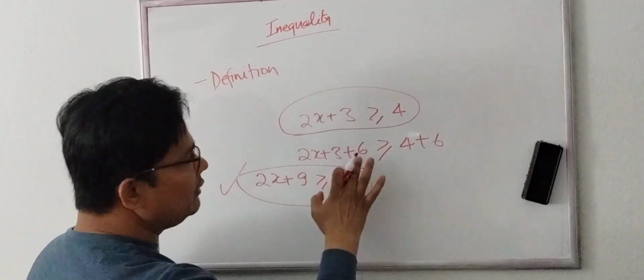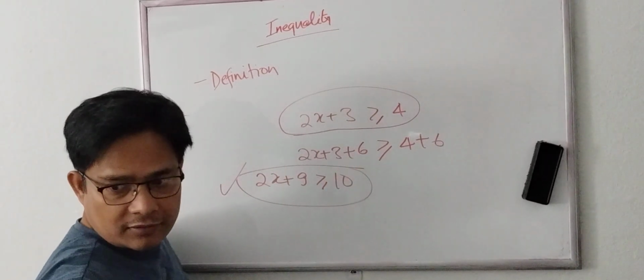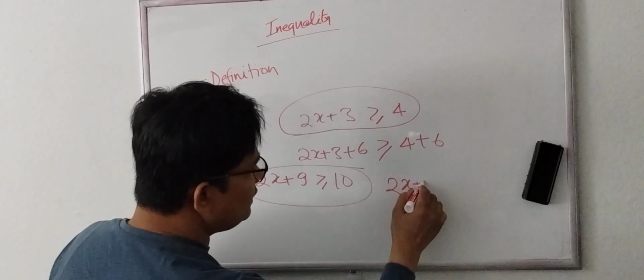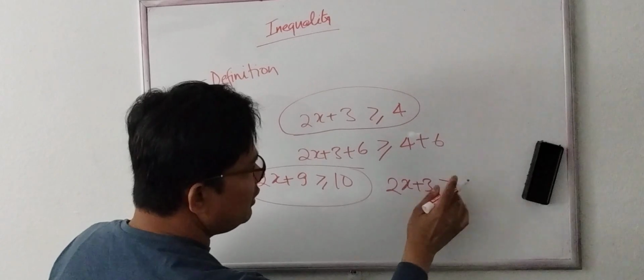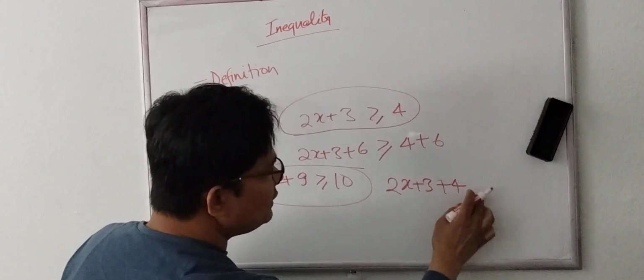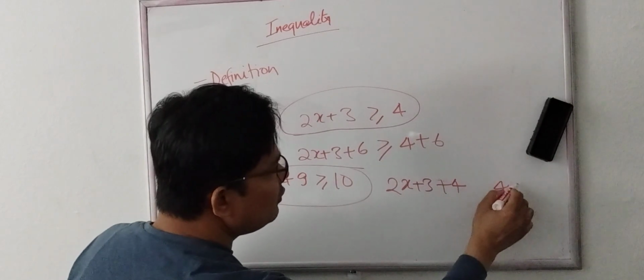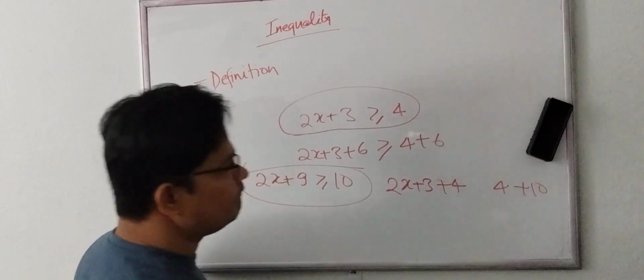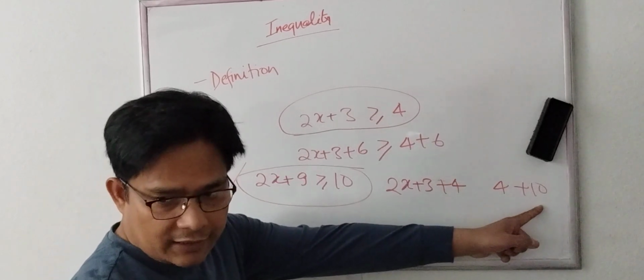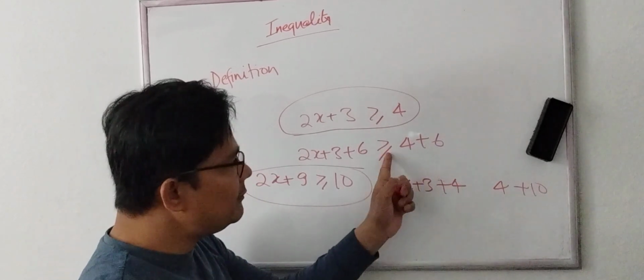But what if we add different numbers? Let's say we add 4 to 2x plus 3, and 10 to 4. If we add a smaller number to this side, then the sign will not change.